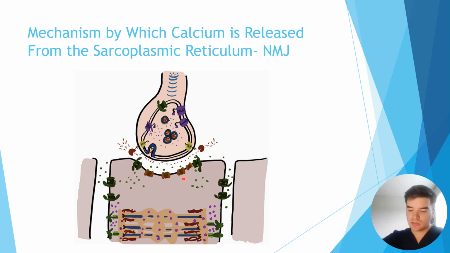This is also called the motor end plate. Anyway, so the attachment of acetylcholine to these will actually open up these channels and allow ions to flow in, which these ions are sodium, for example.